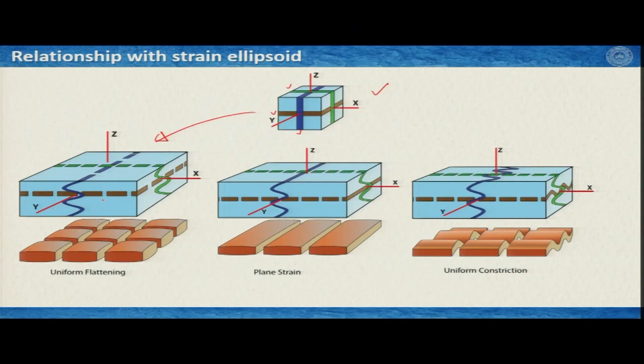Now, if that happens, then this brown layer, because it is flowing perpendicular to the z section, would get boudinaged along the x direction and also along the y direction. Therefore, this layer would produce two sets of boudinage, and this is, as we have learnt, chocolate tablet boudinage.